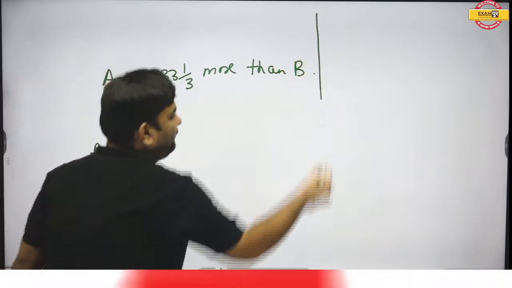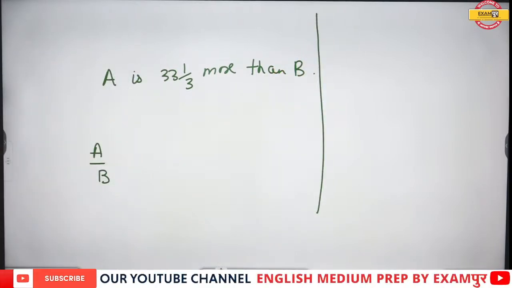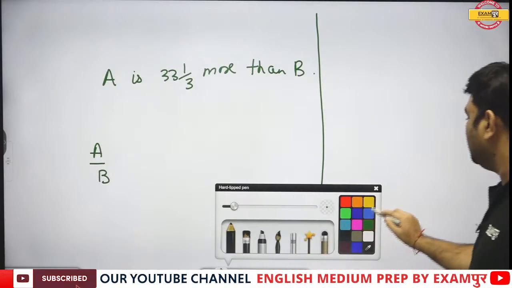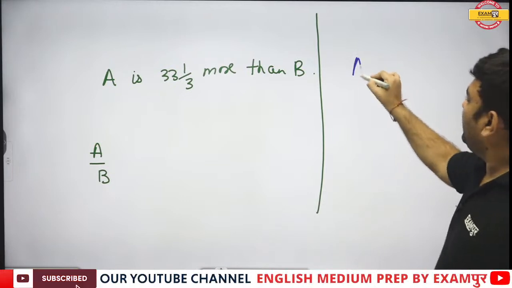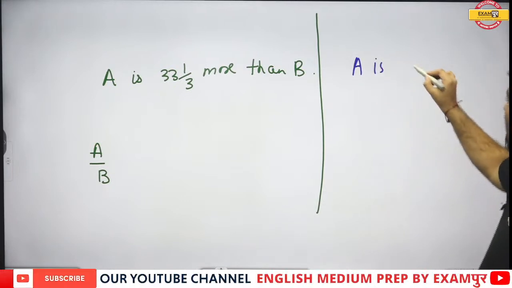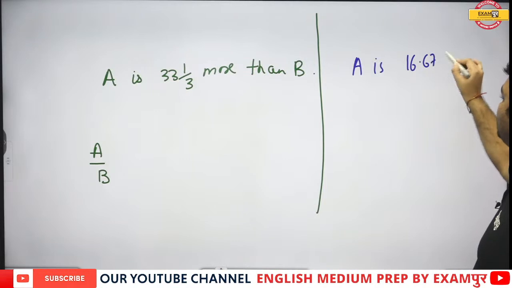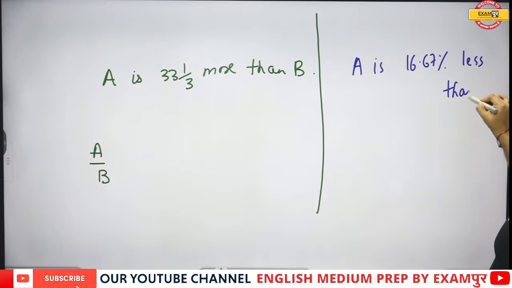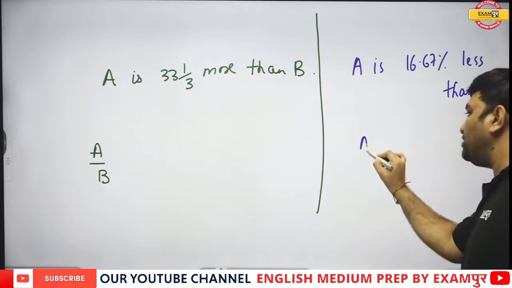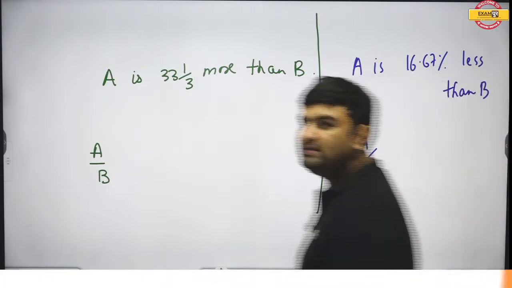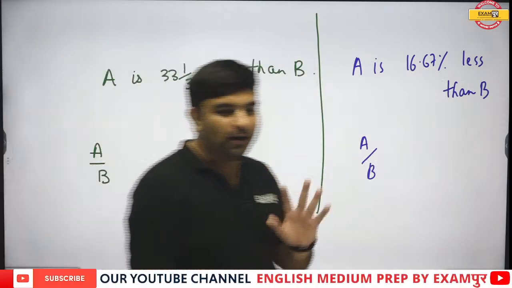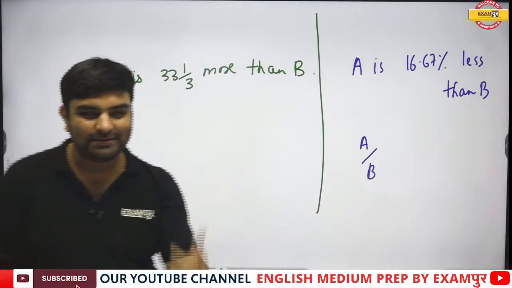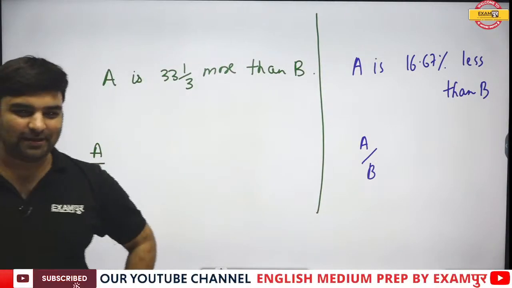Also, A is 16.67% less than B. What is A ratio B? I know I'm starting very easy, but you never know, guys, when I will change the gears.